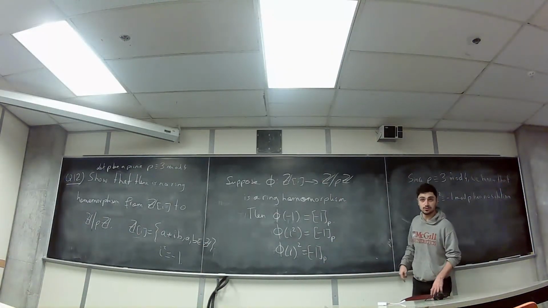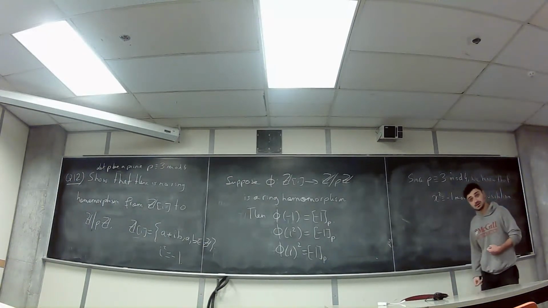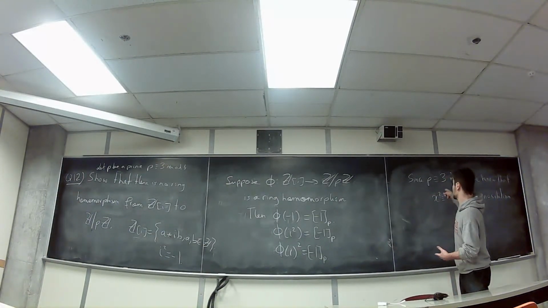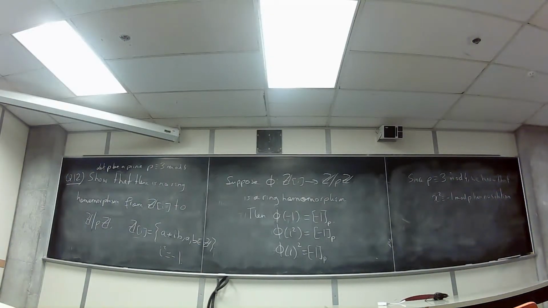No, because p is congruent to 3 mod 4. Of course, if p is congruent to 1 mod 4, there's something else. Okay? But p is congruent to 3 mod 4, then I cannot find it. Is that clear so far?